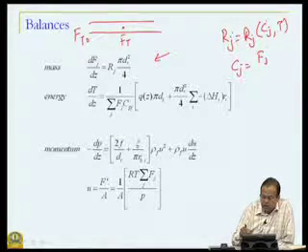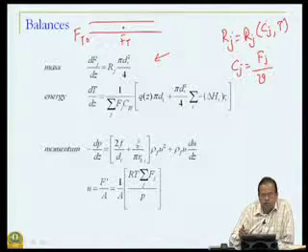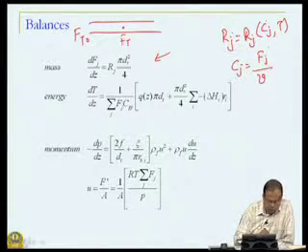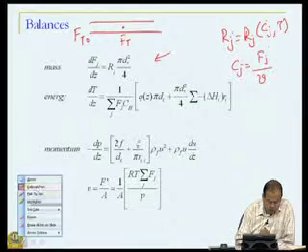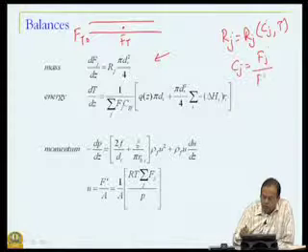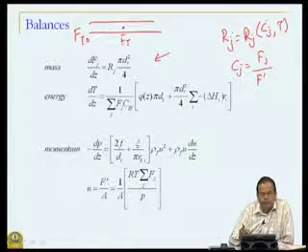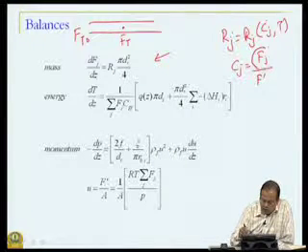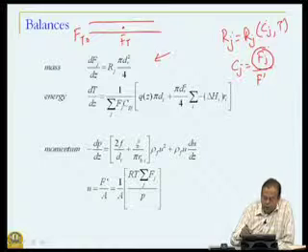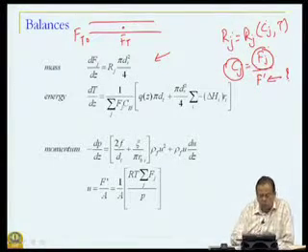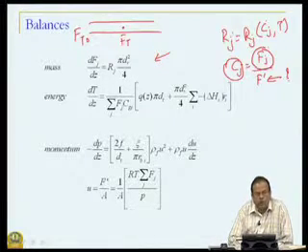Concentration is Fj divided by the volumetric flow rate, which I have denoted F prime, so let us stick with that. So, this is nothing but Fj by F prime. We have mass balance equations in terms of Fj, and we have rate which is in terms of concentration. So, we have to figure out what this F prime is.